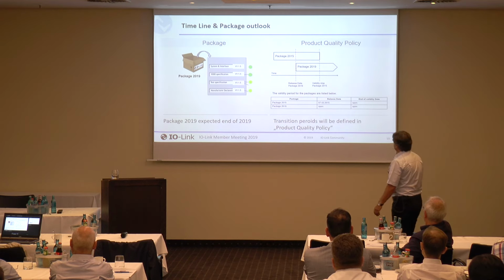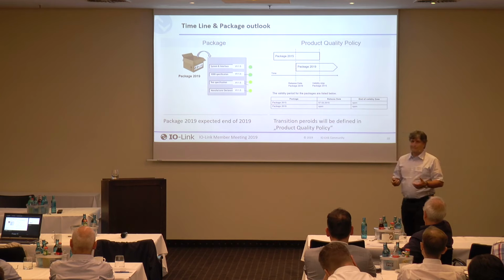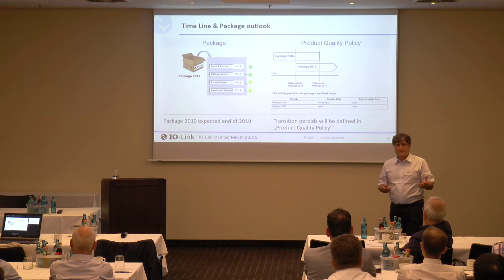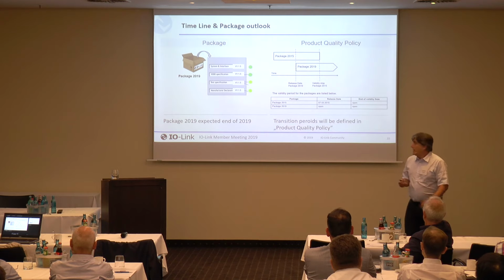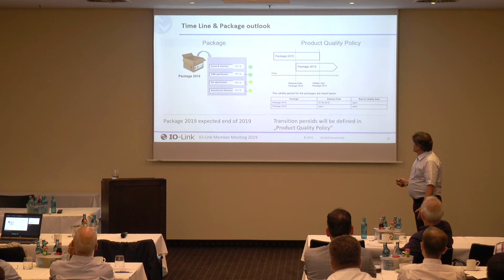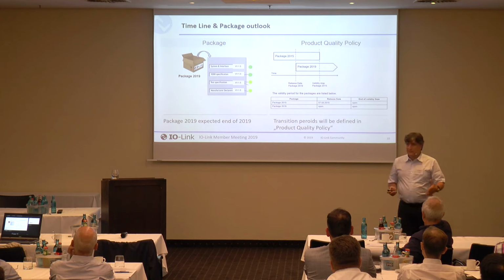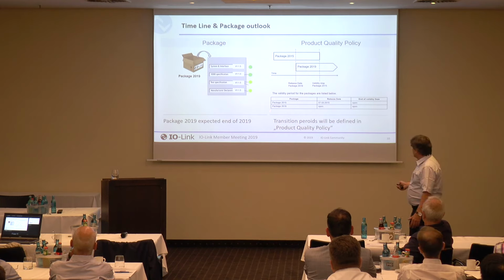Transition period means how long it is allowed to implement package 2015 in masters and devices, when it will end, and when package 2019 will start. In the product quality policy, everything is prepared for publishing. We have a table here, and you see for package 2019 it's open.